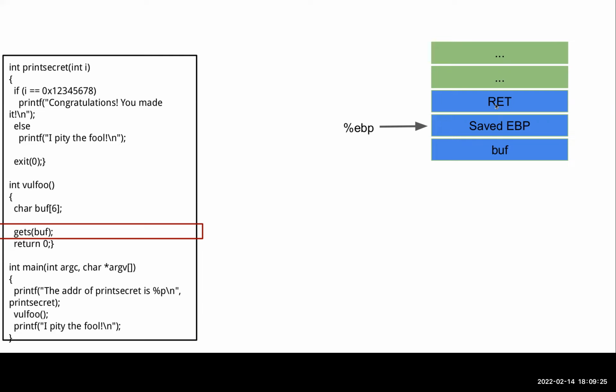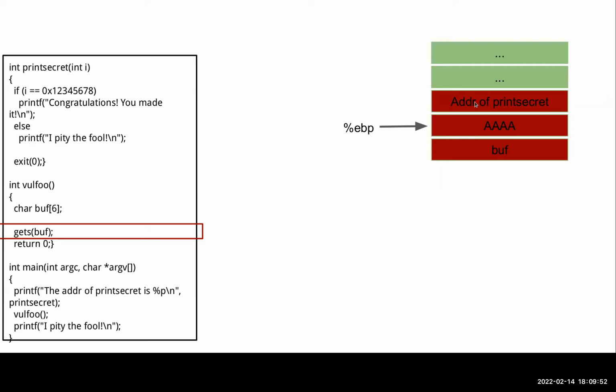Four bytes higher than that is the return address. Overflow doesn't really have any arguments. So here could be some information from the main function. Anyway, Overflow doesn't care what this is. Then the buffer is somewhere here, lower than the saved EBP.